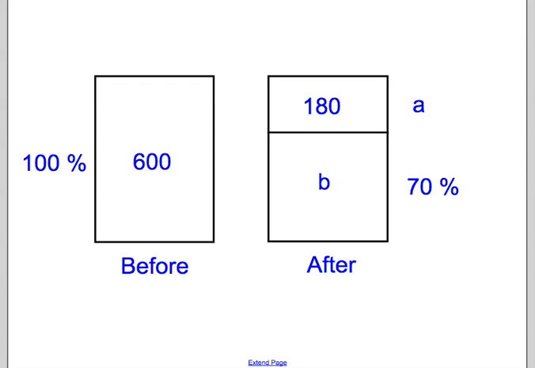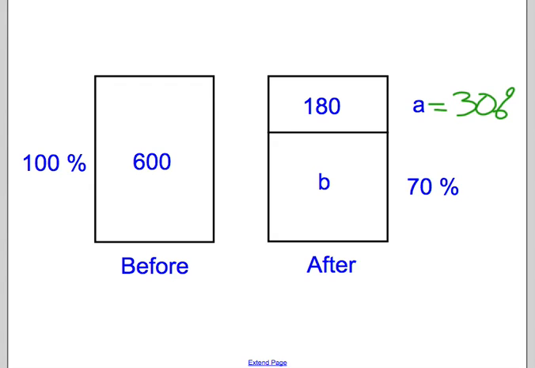How would we find the percent value for A if we know that the whole thing is 100% and this part is 70? A would be 30%. And how do you get that? 100 minus 70 would give you 30% for A.